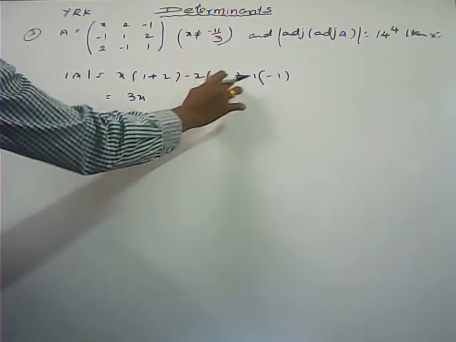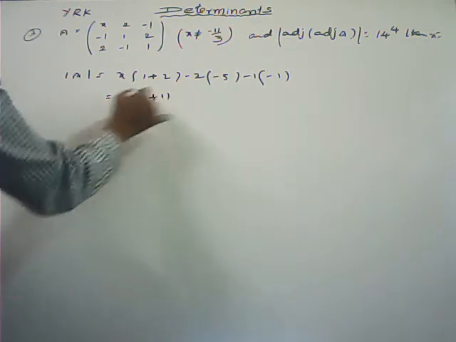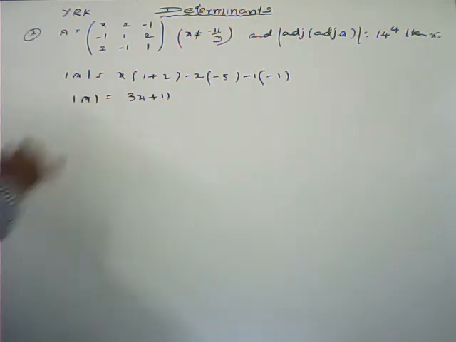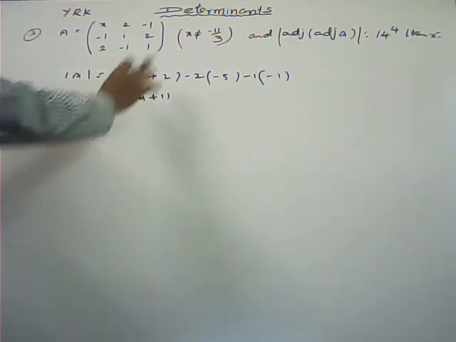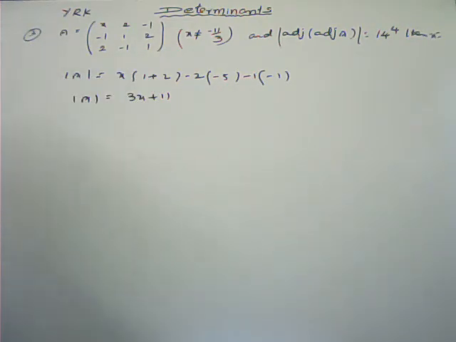This is a 10 plus 1, that is 11. Det A is equals to 3x plus 11 we got. Here x is not equal to minus 11 by 3, so here A is said to be a non-singular matrix. If x is equal to minus 11 by 3, that is a singular matrix.